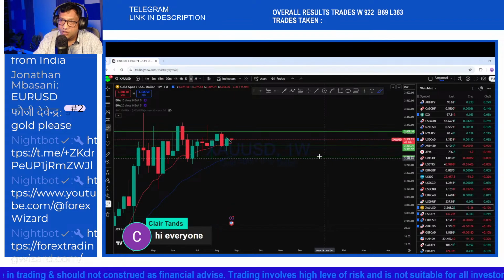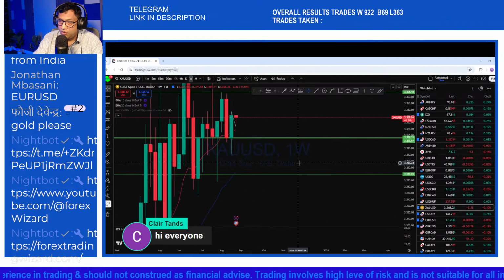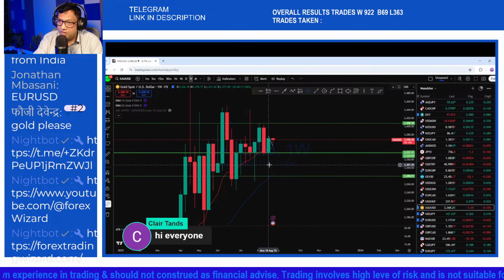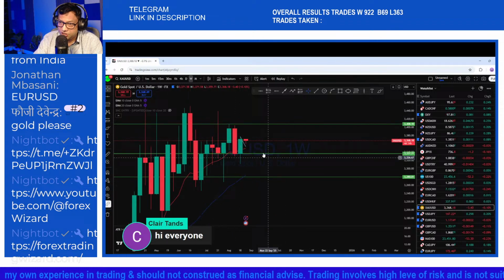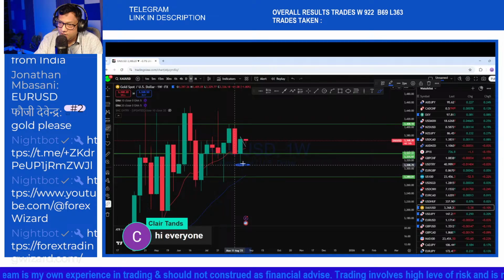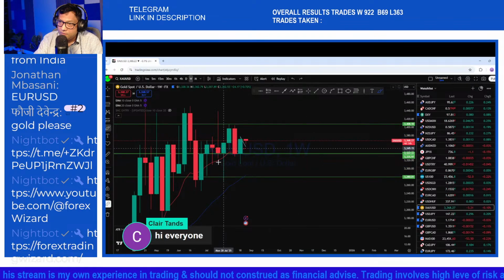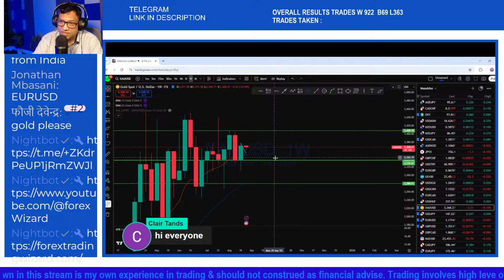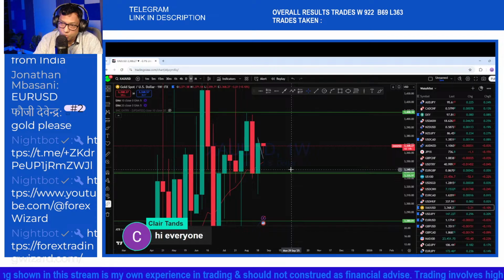Now let's look at the weekly perspective here. From the weekly, we can see this weekly move here, which is a pretty sharp bullish engulfer. And this weekly bullish engulfer on gold is basically a weekly bullish move.